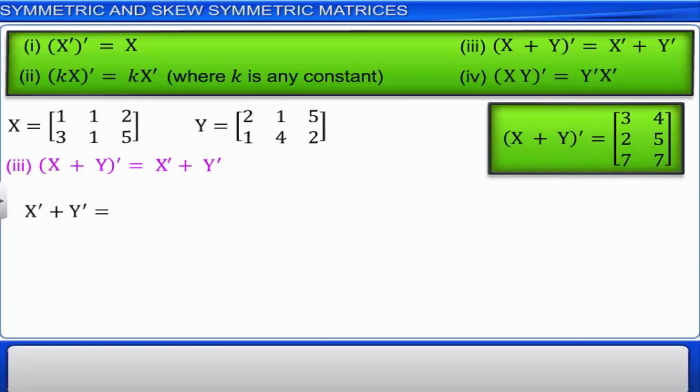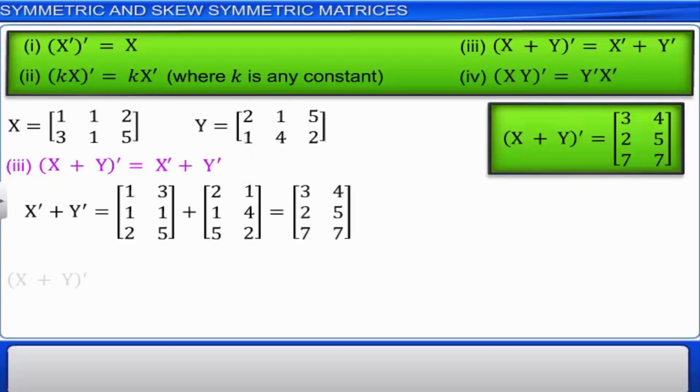Next, we will find the right-hand side by adding X transpose and Y transpose. We can see that the left-hand side is equal to the right-hand side.